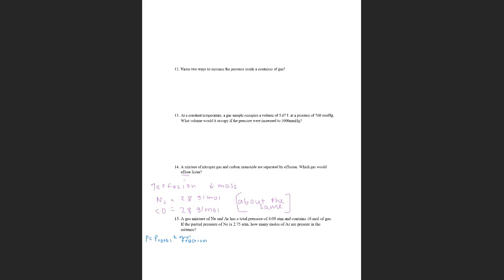So based on this equation, we know the partial pressure of neon. What is it? Yeah, we have 2.75. And that's equal to pressure total. What is our pressure total?